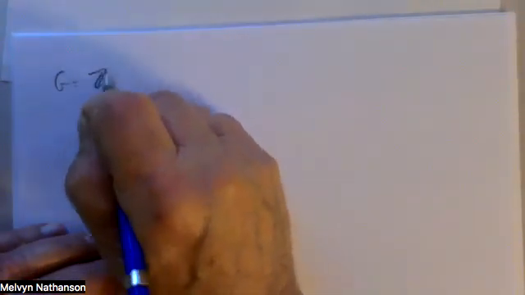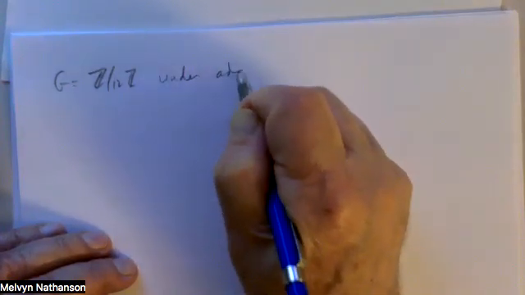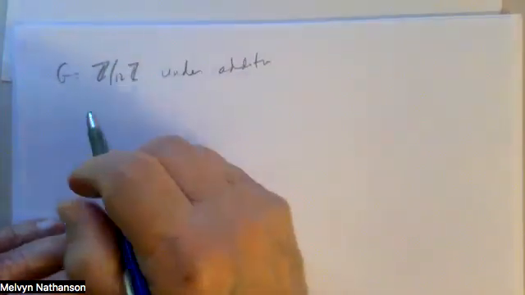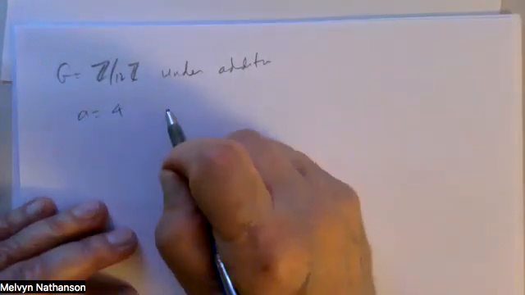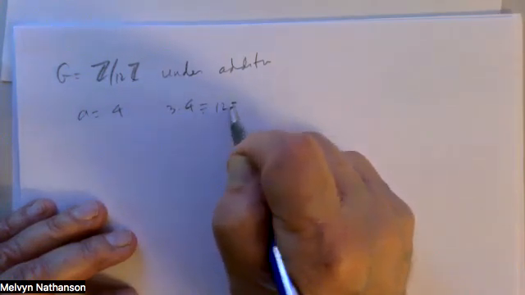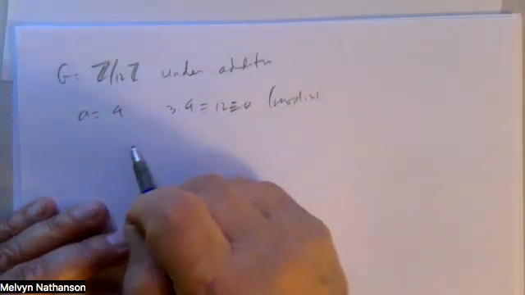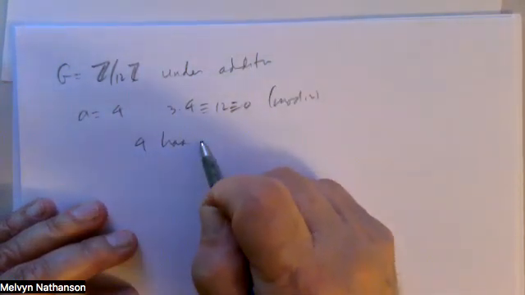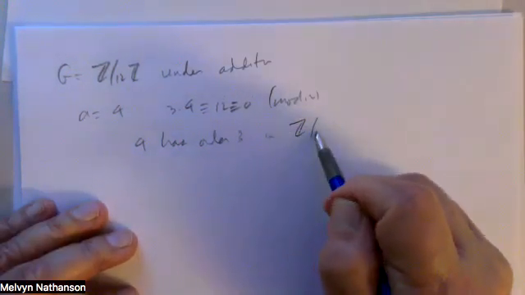So for example, if we let G be the group Z mod 12Z under addition, and we take, let's say, A equal to 4, then 3 times 4 is 12, which is 0 mod 12. So 4 has order 3 in Z mod 12Z.